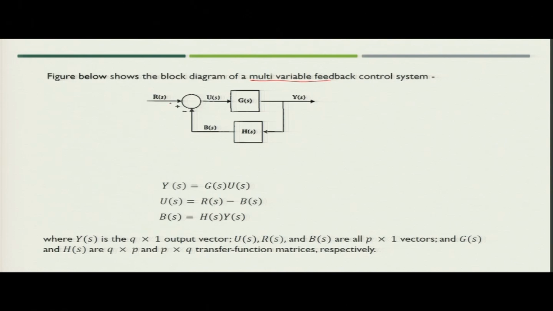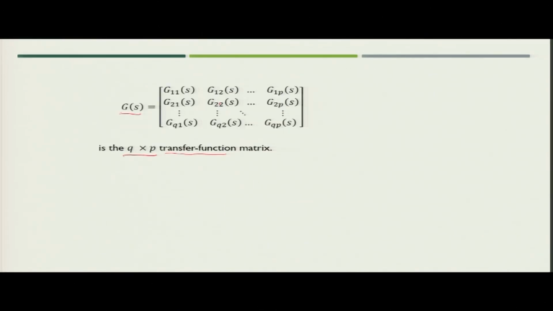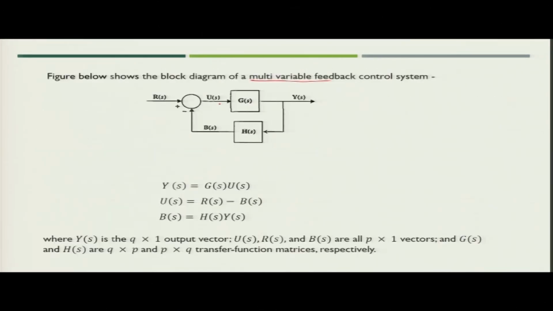So, R(s) is the multivariable input. You will have r as a vector input and y as an output vector containing q terms. Now, G(s) is the transfer function. You can see that this can be considered as a transfer function matrix, which we just saw. So, this is your forward path gain matrix, and this is your feedback path gain matrix.